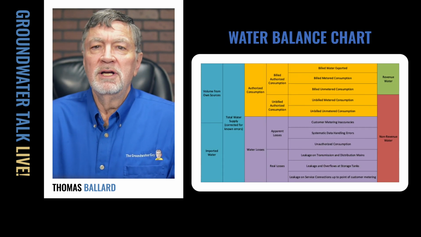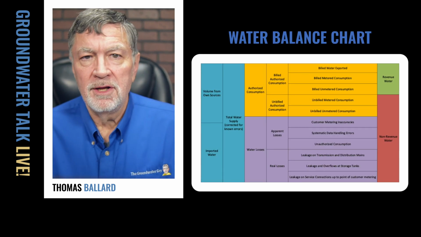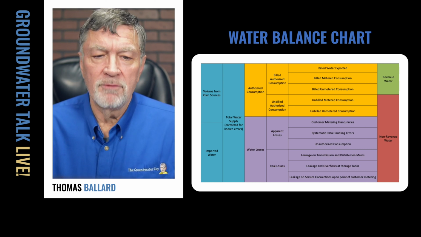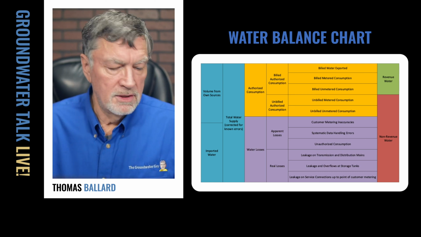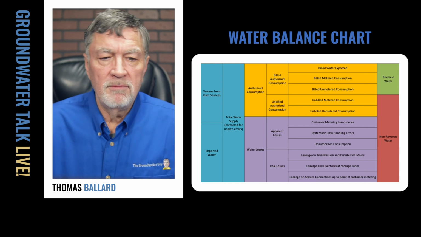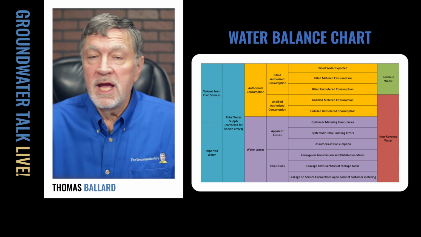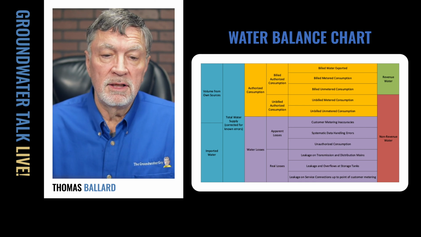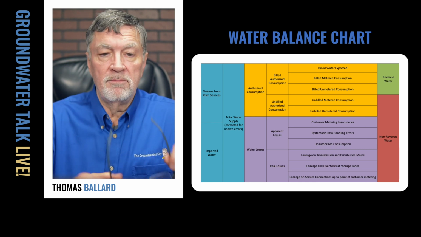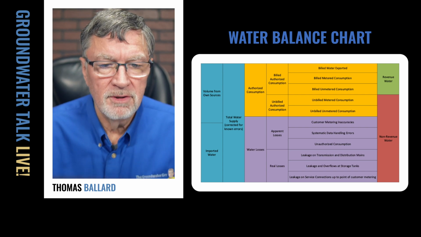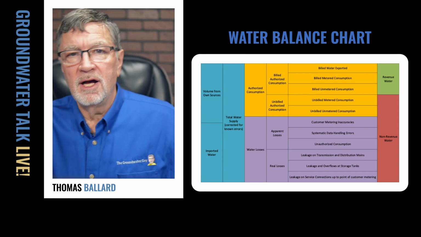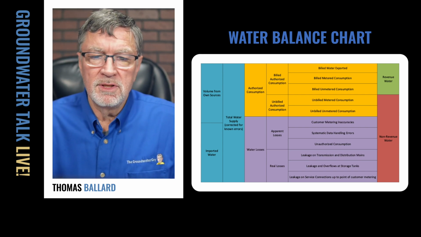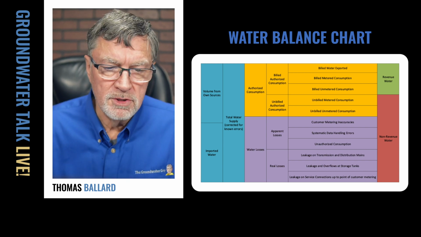All right, so here's our water balance chart. This is just for reference. And you can see that in the orange here, we have our authorized uses, and that includes both, well, let me put on my glasses here, billed authorized consumption and unbilled authorized consumption. That's what's in the orange here.